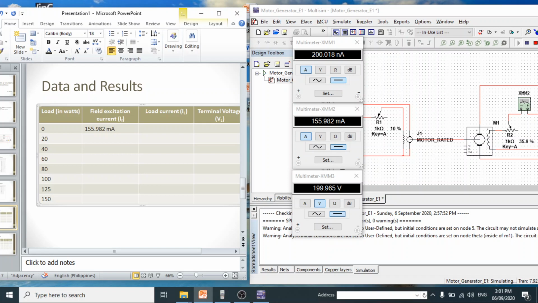Milli means times 10 to the power of -3. The load current is measured by multimeter 1, so 200.018 nanoampere.